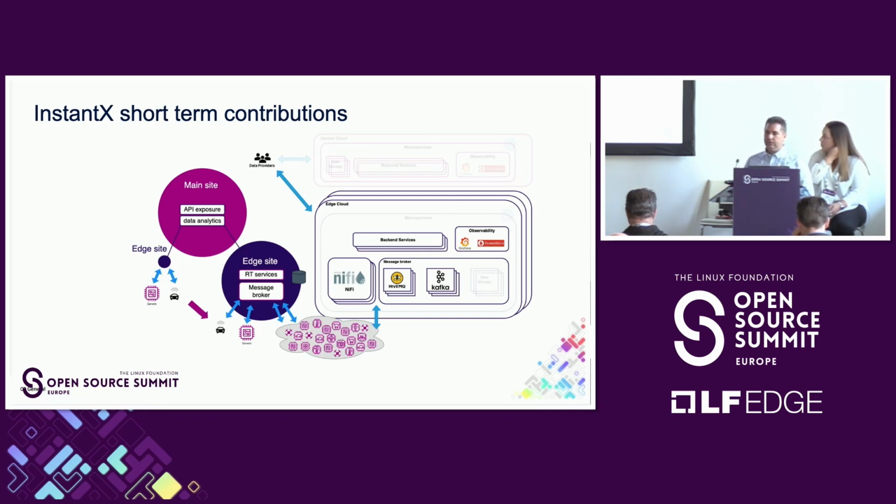So it is not using the ETSI standards. NiFi has transformation capabilities, decoding capabilities, and it is able to send the messages through the Kafka that we also included in this version to communicate between different components.